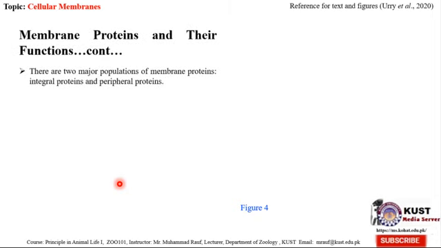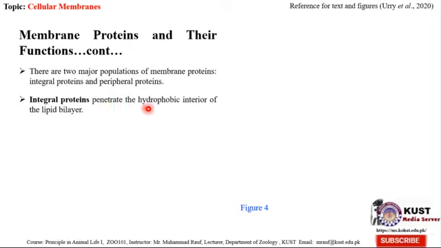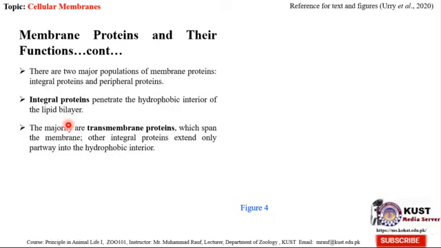There are two major populations of membrane proteins. One is integral proteins, which are also known as intrinsic, and the other is peripheral proteins. The integral proteins penetrate the hydrophobic interior of the lipid bilayer.